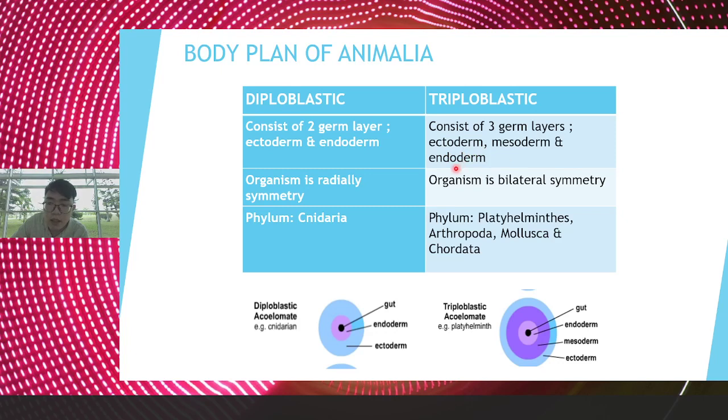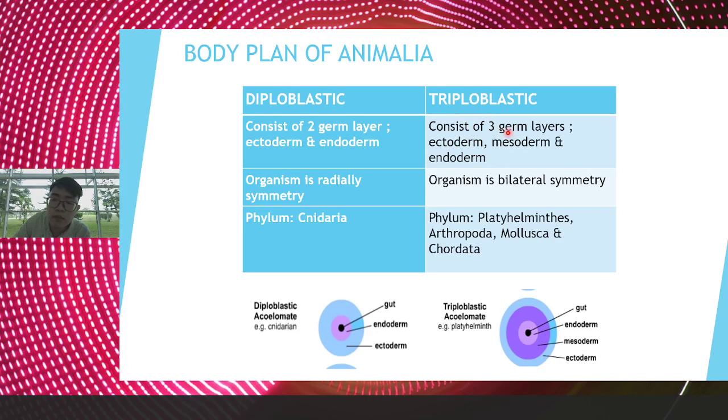Ectoderm, mesoderm, and endoderm. After the gastrulation process, animals will produce the body plan. One is diploblastic and another one is triploblastic. For humans, it is triploblastic.